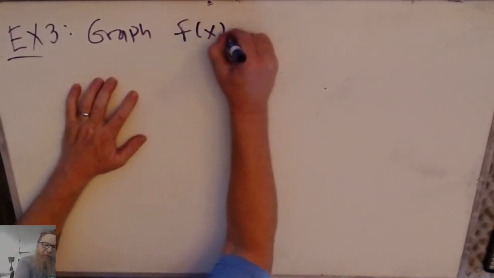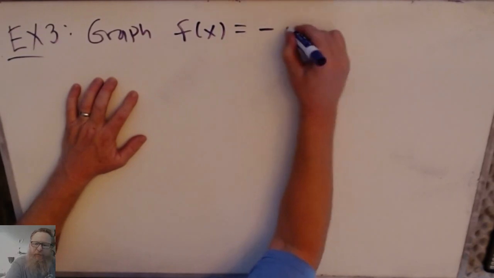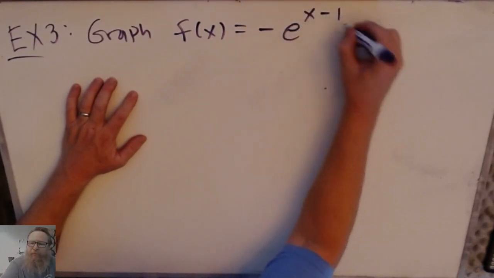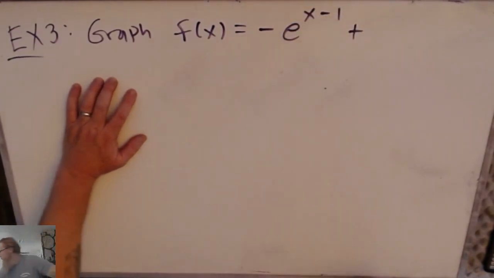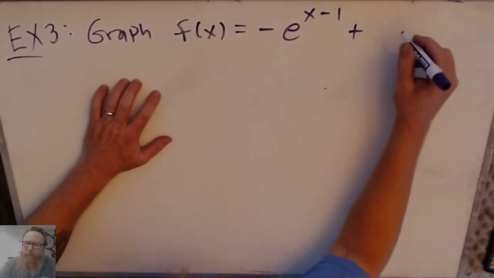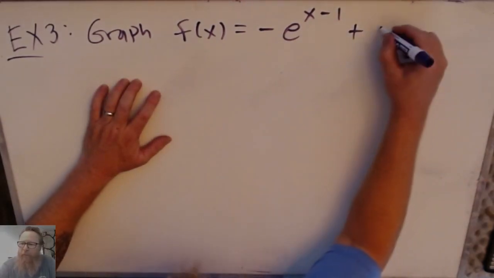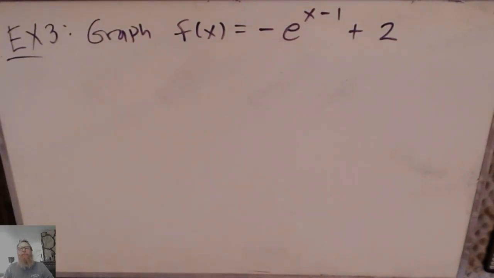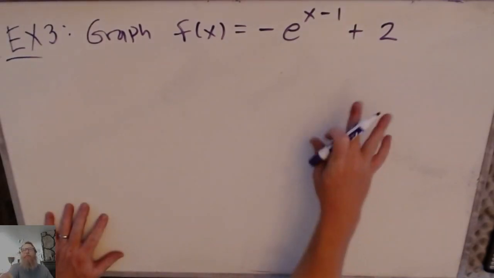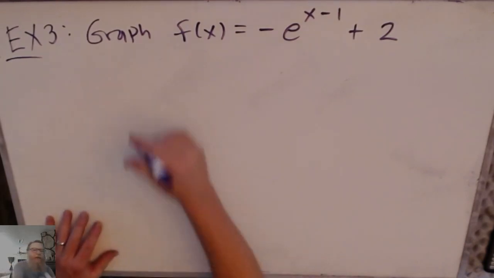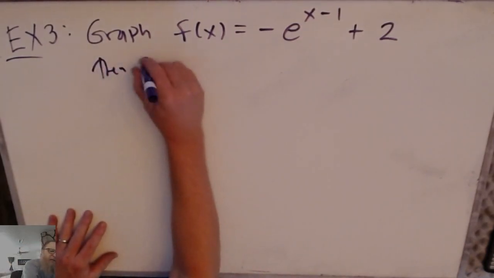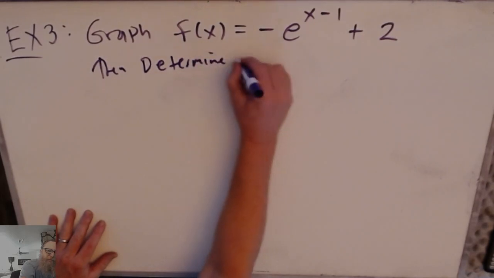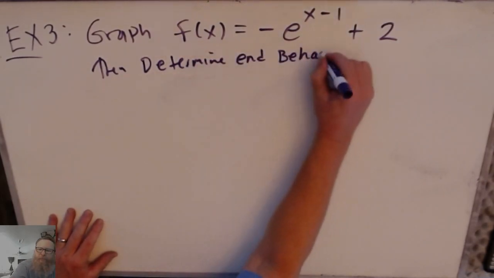You can just graph the function and see what happens. All right, so example 3. Graph f of x equals negative e to the negative e to the x minus 1, and then plus 2. Then determine the end behavior.